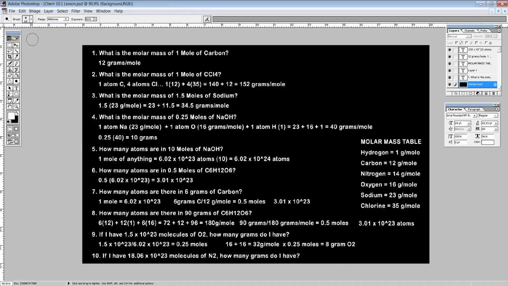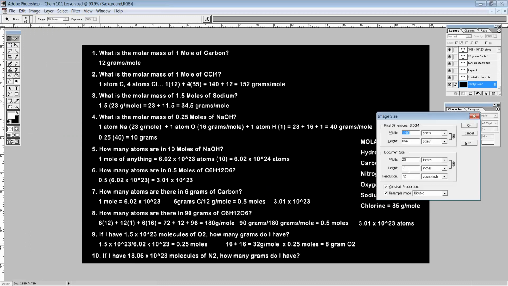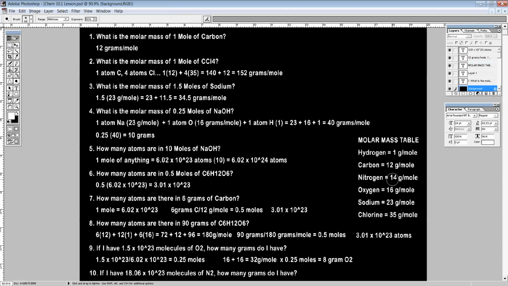Now, got to get out of text. Image size. Let's make the height 14, give them a little more space. We want to constrain the proportions though. Original width was 20. All right, that did the whole thing.